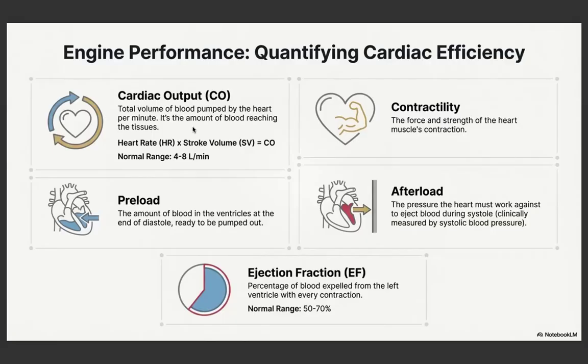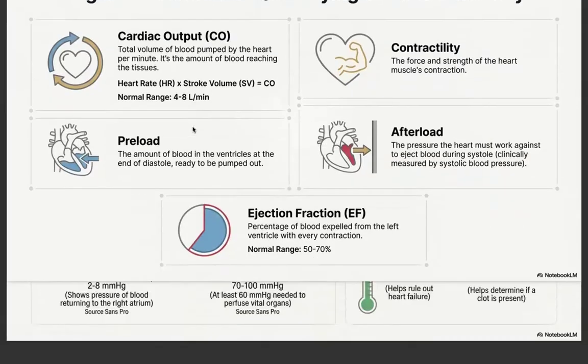And then ejection fraction is the percentage of blood that's ejected from the ventricle with every single contraction. So the normal range of that is going to be 50 to 70%. It sounds kind of low, right? But people with heart failure, or if they just had a heart attack, will have a low ejection fraction.